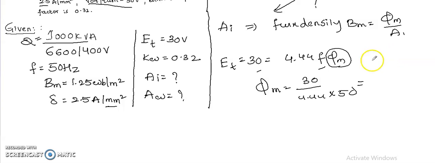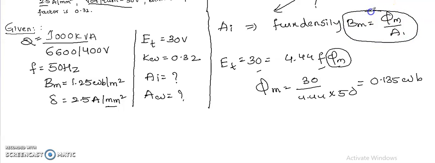We will get the flux value 0.135 Weber. Flux unit is Weber. Now substitute that in the equation and you will get Ai. Ai is equal to phi m by Bm. Phi m is calculated as 0.135. Flux density is given. How much value is given?